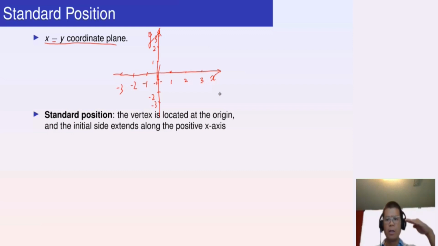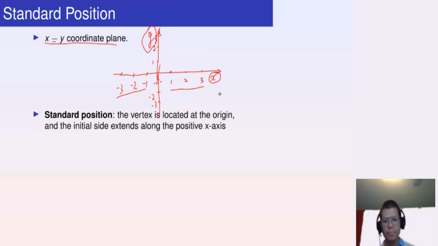You have a horizontal axis, which is also called the x-axis, and a vertical axis, which is also called the y-axis. On each axis, there are units 1, 2, and so on, marked on the axis.